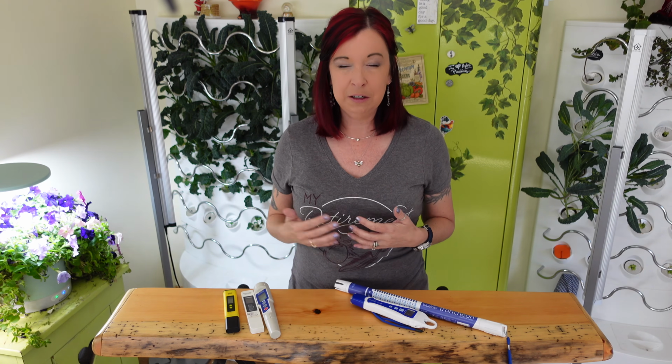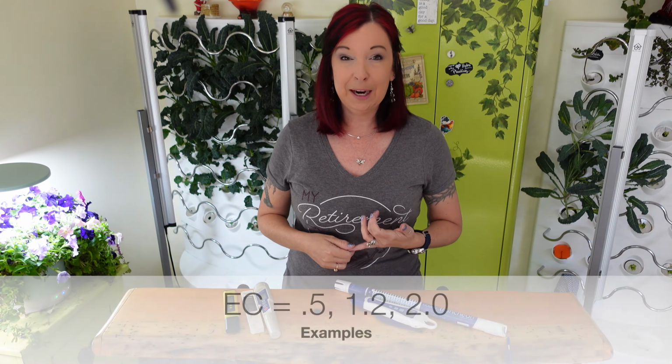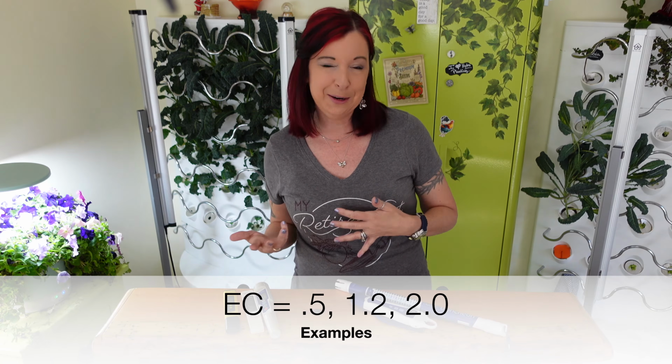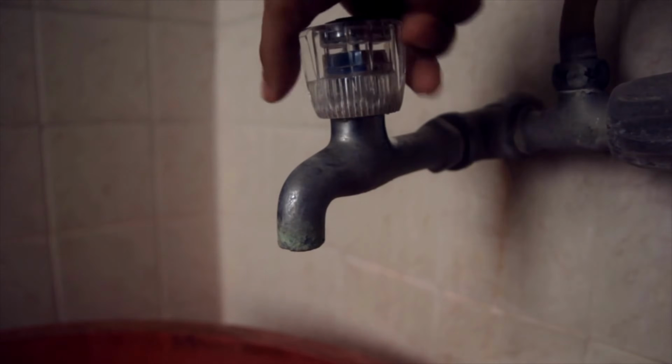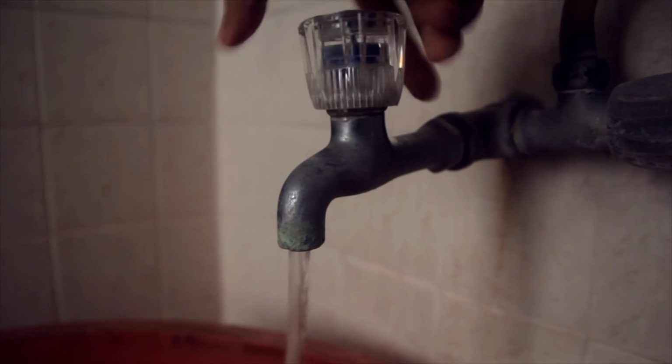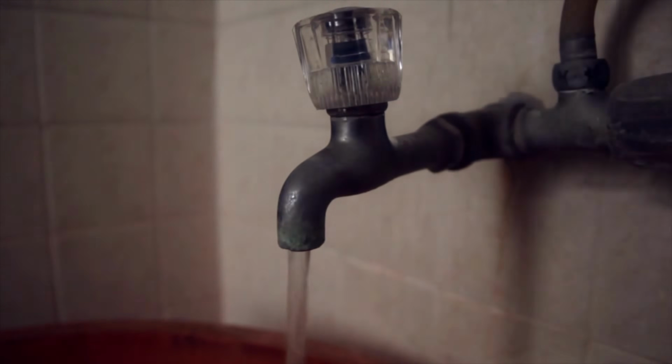These measurements are usually read in decimal points like a 0.5, a 1.2, or a 2.0. Your tap water, well water, or whatever water you're using will have an EC reading prior to you putting nutrients in the water. So you always want to take that into consideration.